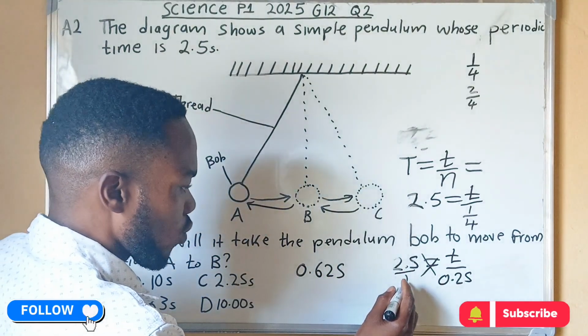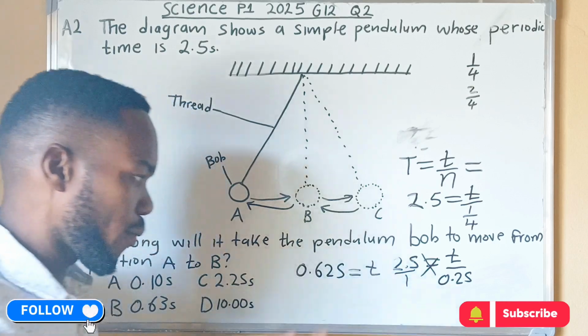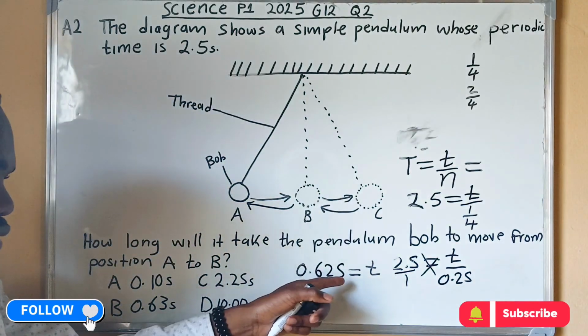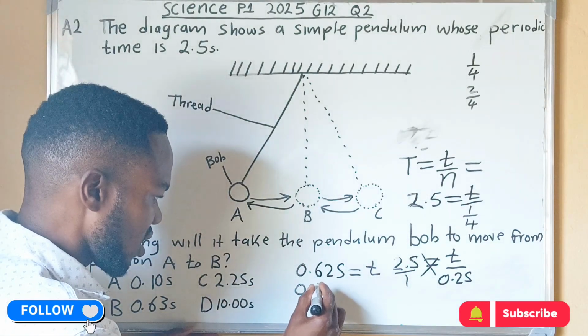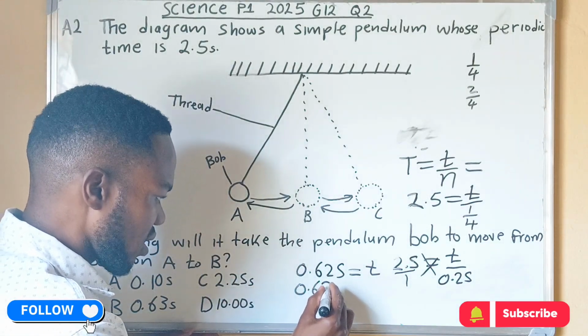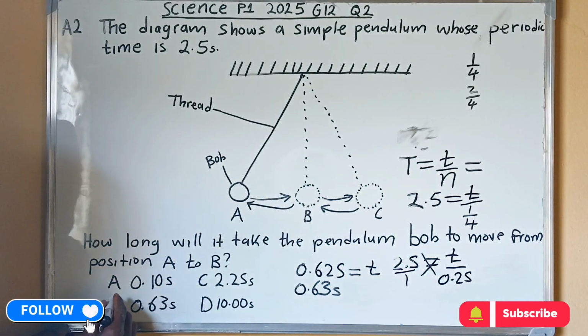Then 1 times t gives you t. When you round off this number, it will give you 0.63 seconds. So the answer here was supposed to be B, 0.63 seconds.